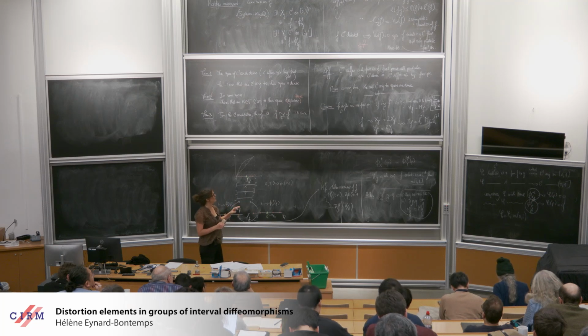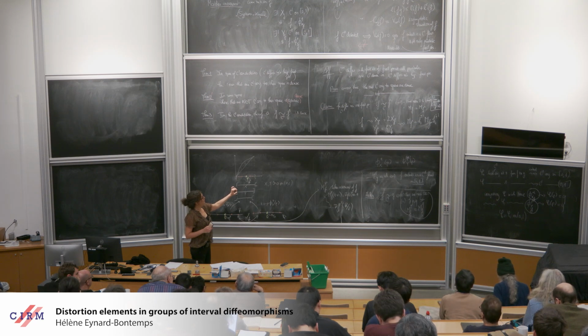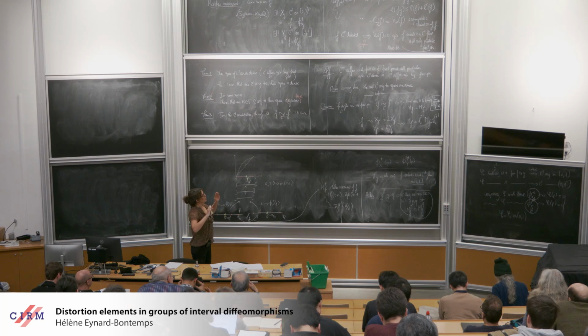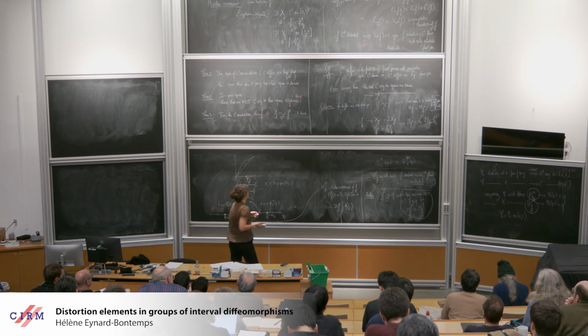I'm going to cheat and say that this is enough. I want to prove that among C2 diffeomorphisms which are parabolic at the boundary, which have no interior fixed points, the ones that embed in a C1 flow are dense, and the ones that don't embed in a C1 flow are dense also.